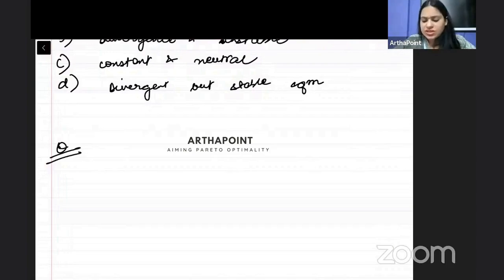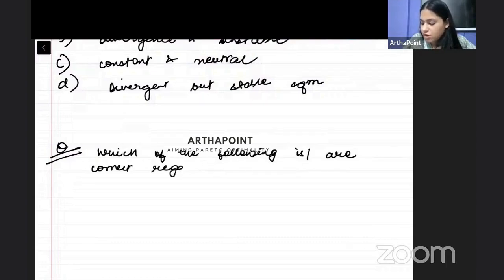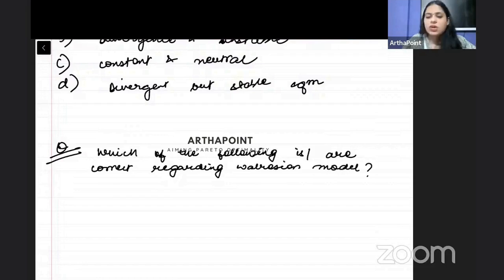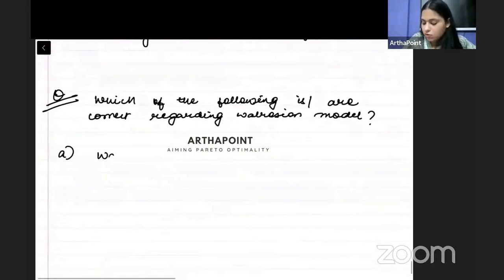Next question. थोड़ा सा ट्रिकी क्वेश्चंस भी करने चाहिए. It is always good to know every kind of question. हाँ? So, which of the following is or are correct regarding Walrasian model? आपको बतानी है कौन सी स्टेटमेंट्स वॉलरेजियन मॉडल के लिए करेक्ट है. Option number A, Walras assumes constant returns to scale.